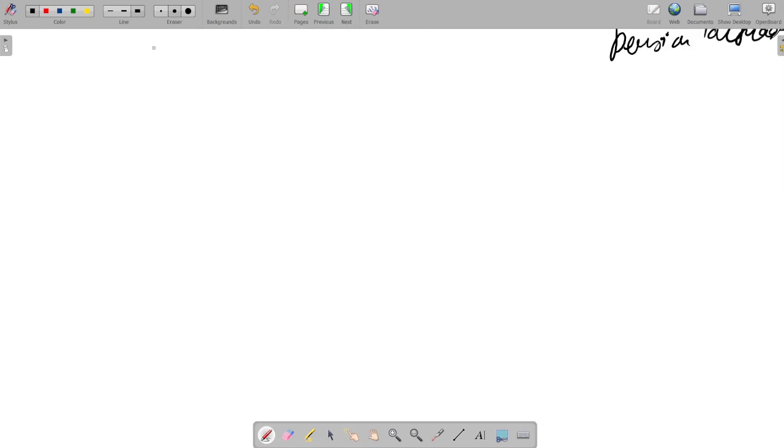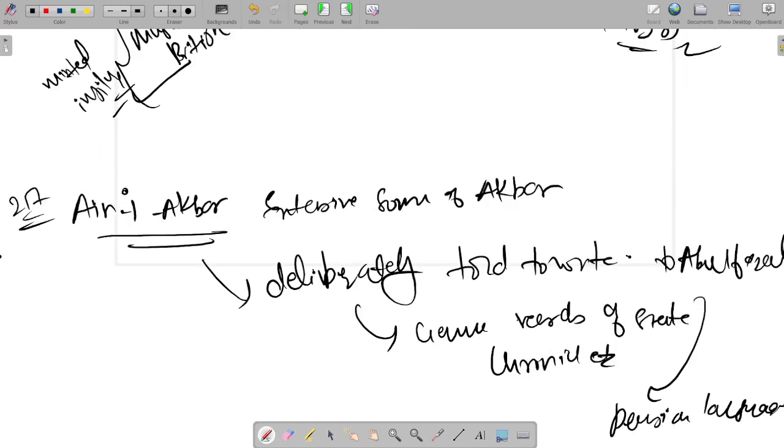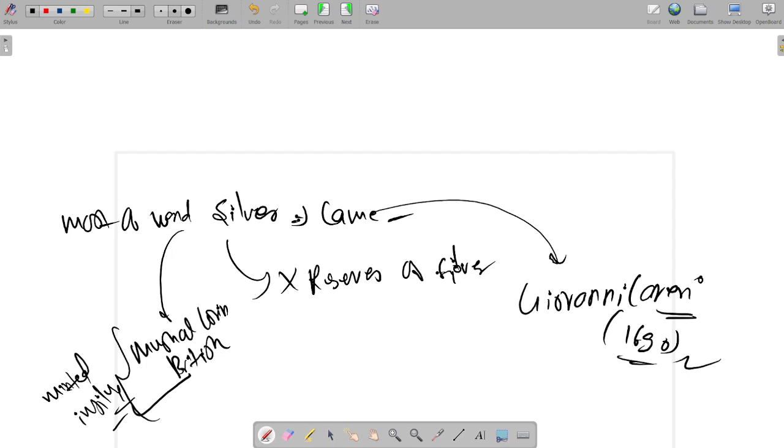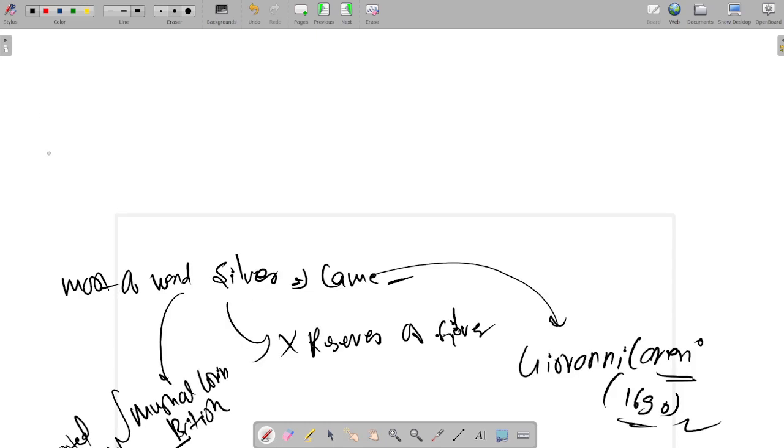Guys, before that, some terms related to international trade: the Gulf is called the Gulf of Persia, as we see today.